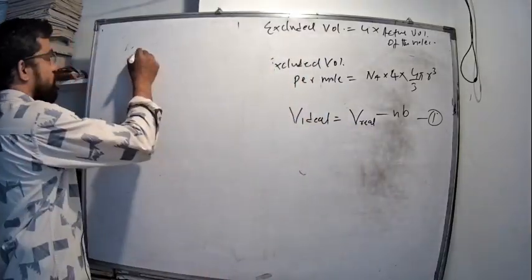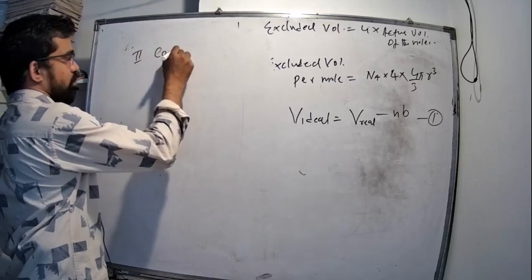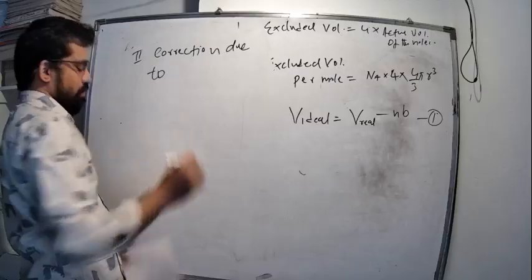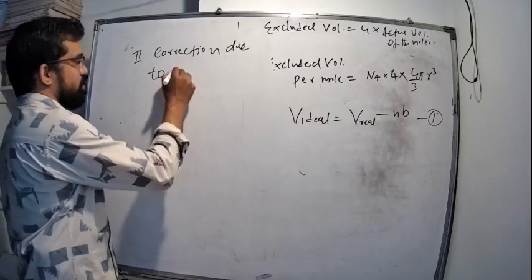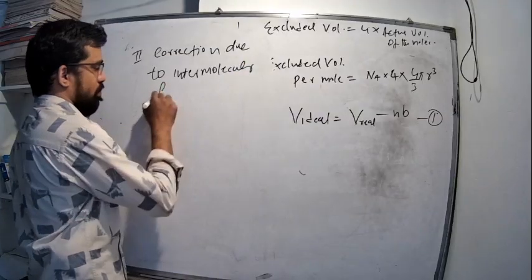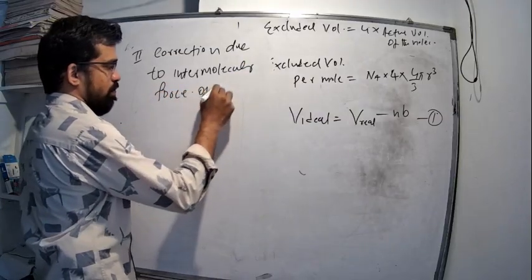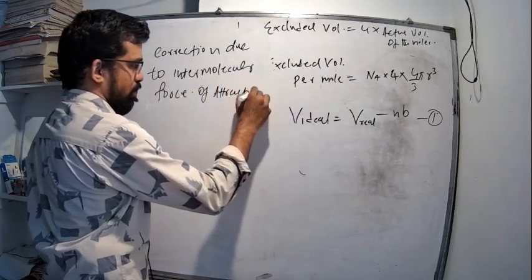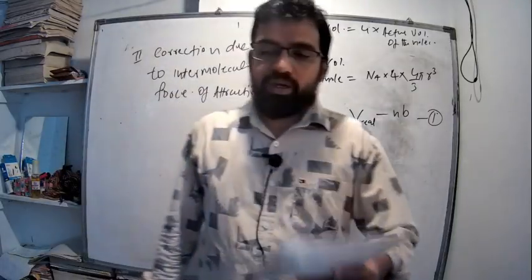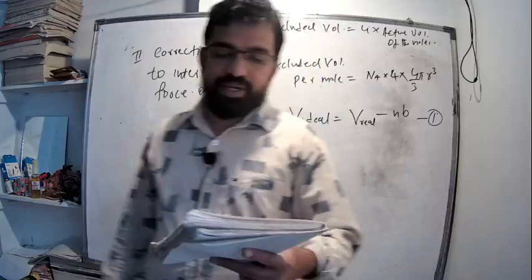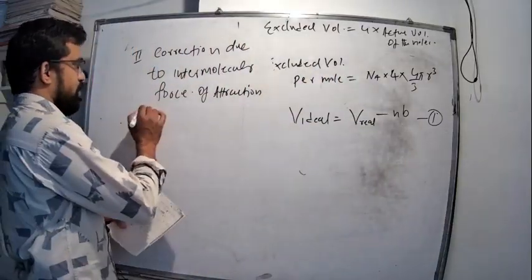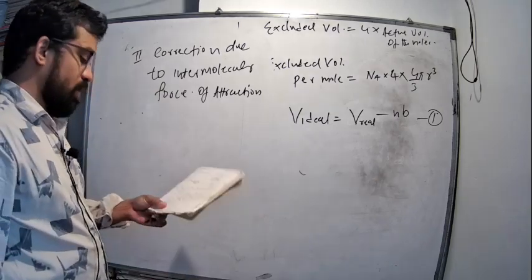Second correction: correction due to intermolecular force of attraction. So the ideal gas concept says that there is no intermolecular force of attraction, although it is not like that.